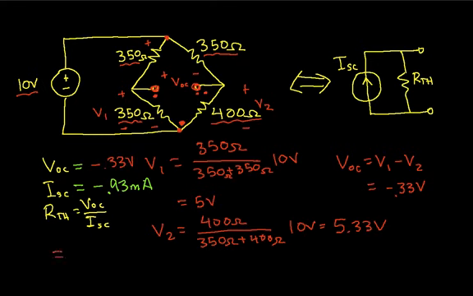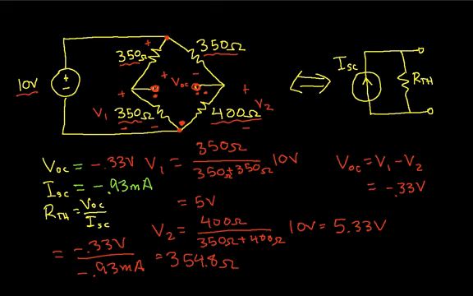So R Thevenin is minus 0.33 volts divided by minus 0.93 milliamps, which is equal to 354.8 ohms.